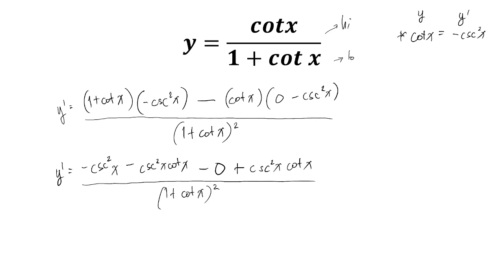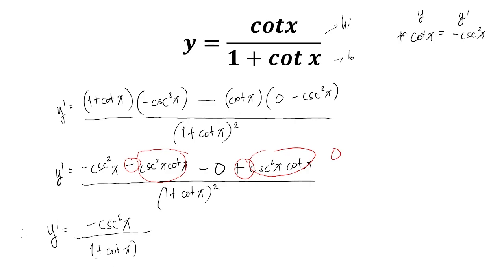And then let's simplify. Take note, or you may notice this expression. Yung isa ay negative, yung isa ay positive. Therefore, 0 sila. And then yung matitira, therefore, that's y prime equals negative cosecant squared x all over 1 plus cotangent x and then quantity squared.